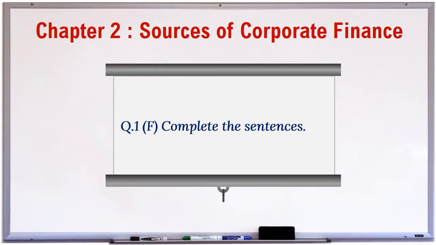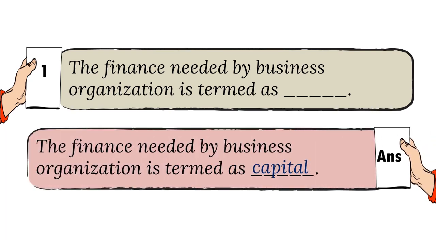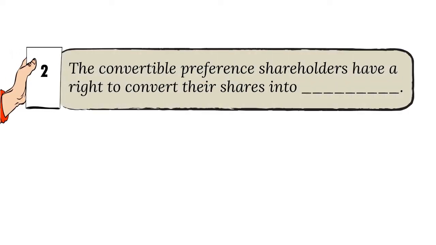Question 1. F. Complete the sentences. 1. The finance needed by business organization is termed as dash. And the answer is capital. 2. The convertible preference shareholders have a right to convert their shares into dash.